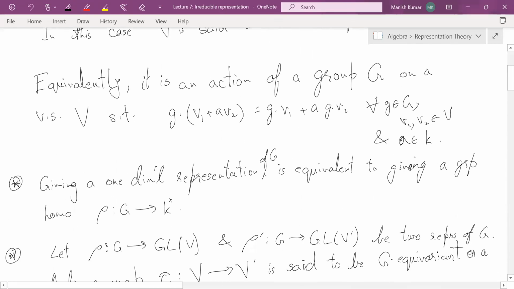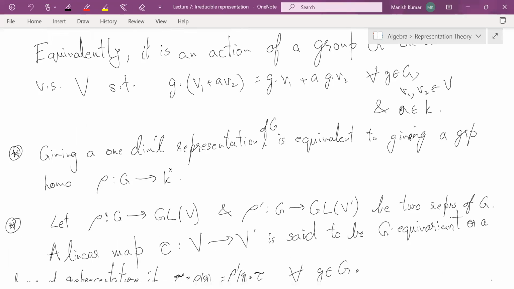So giving a one-dimensional representation of G is equivalent to giving a group homomorphism rho from G to K cross. Every one-dimensional representation looks like this. One particular one is the trivial representation, when every element of G goes to the multiplicative identity of K cross, which is 1, the element 1 of the base field.